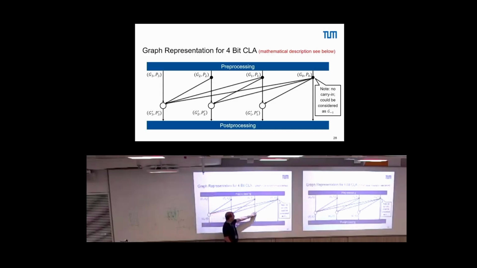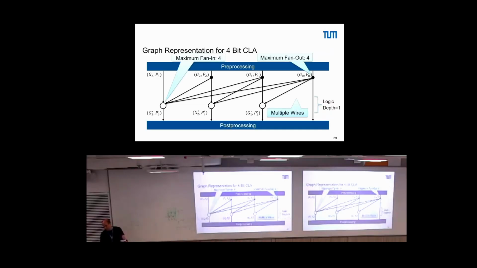So we have one node that takes here generate, propagate from here, and generates the carry bit. We have one that takes generate and propagate, and generates the carry bit, and so on. Each of these things can be interpreted to generate one generate and kind of a propagate again. How this works, we look into detail later.